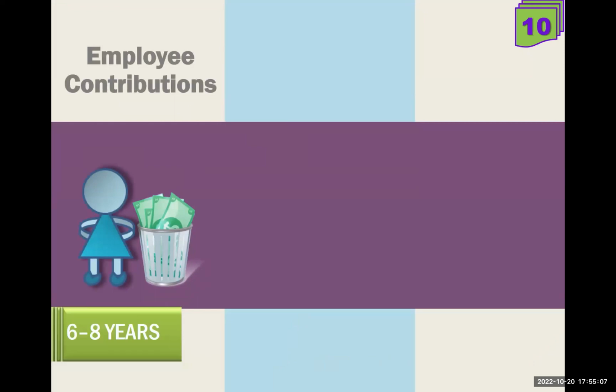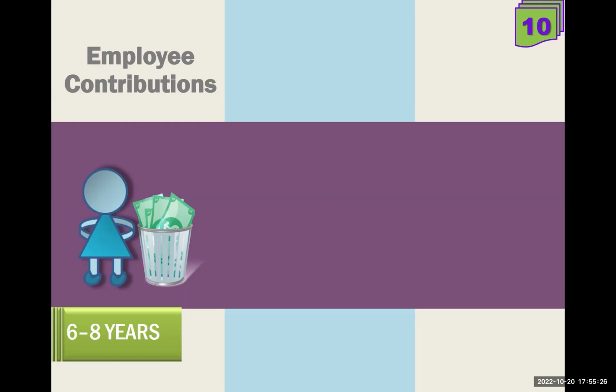Your account balance, your employee account balance, consists of your contributions plus interest. Your pension payments are initially paid out from this account upon retirement. This account is exhausted usually within the first 6 to 8 years of your retirement.